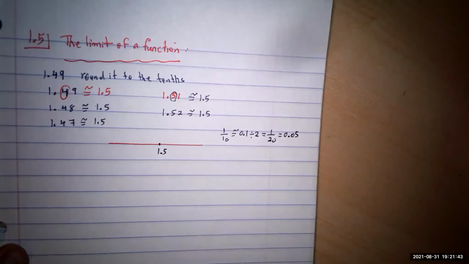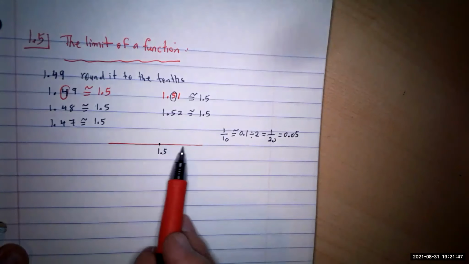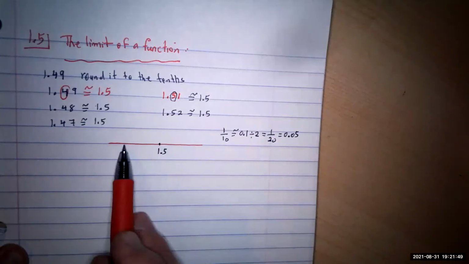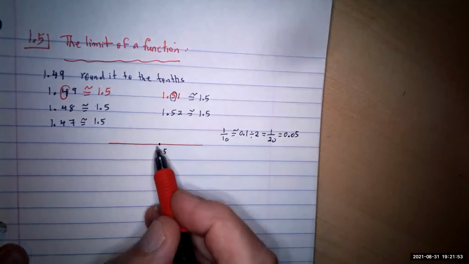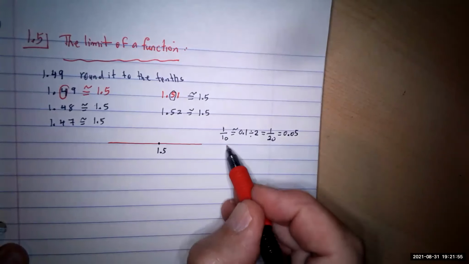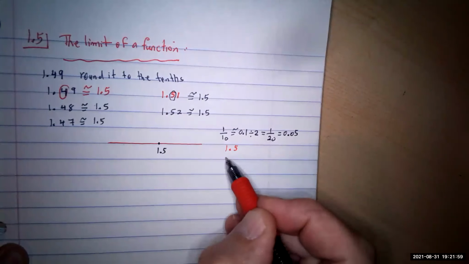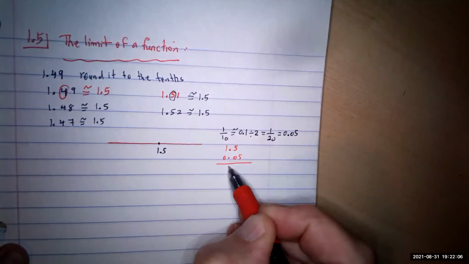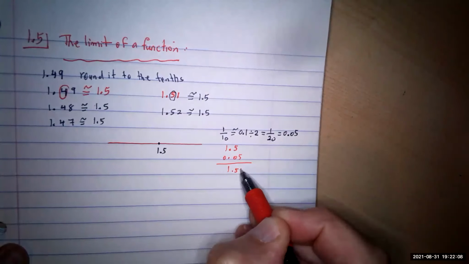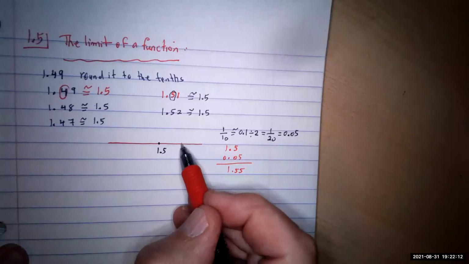So the thing that you did is, this is 1.5. You go to the left and to the right as much as 0.05. From this side, this is 1.5; if you add 0.05, that gives 1.55.